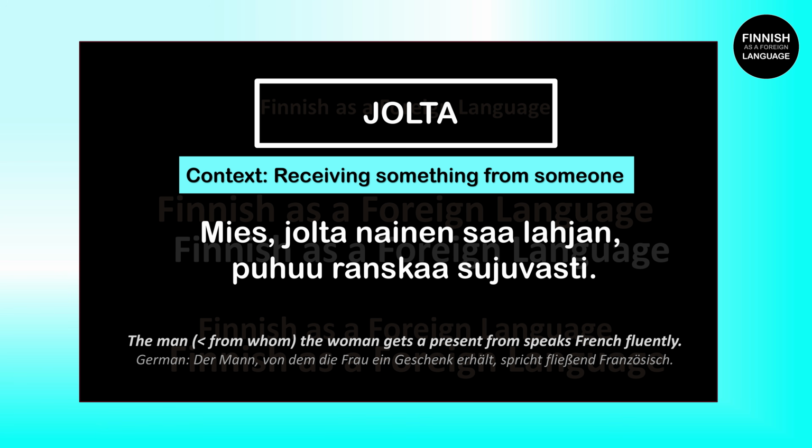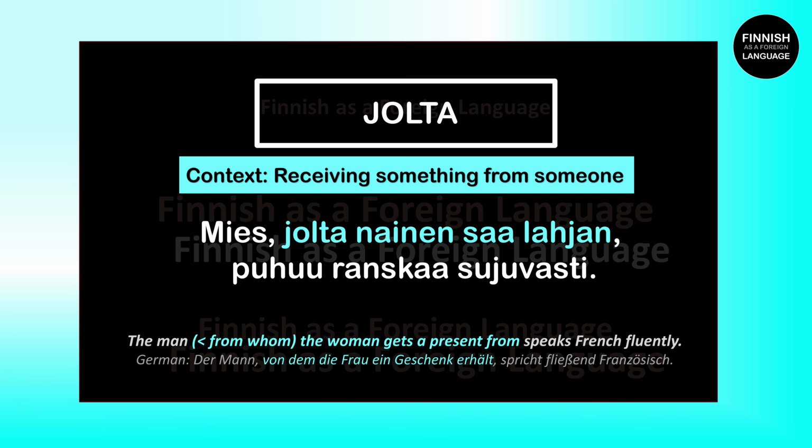Let's take another example. Mies, jolta nainen saa lahjan, puhuu ranskaa sujuvasti. In English, the man from whom the woman gets a present speaks French fluently. Or in proper English, the man the woman gets a present from speaks French fluently. Let's go step by step. Mies means man.